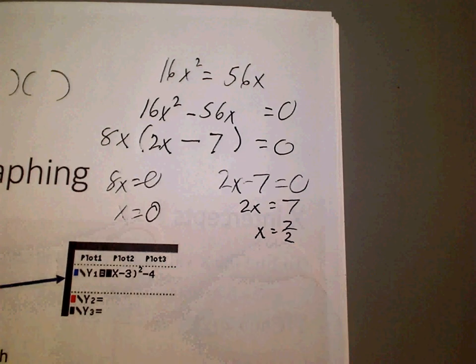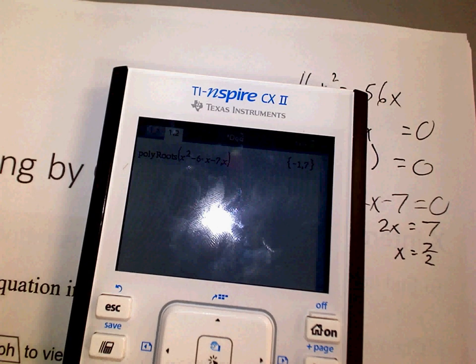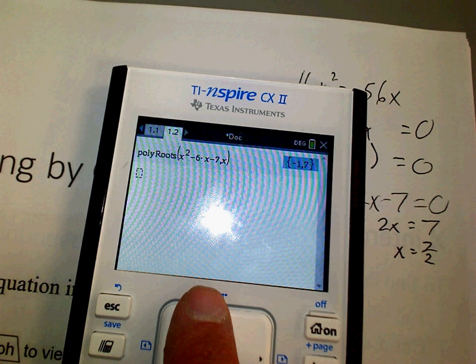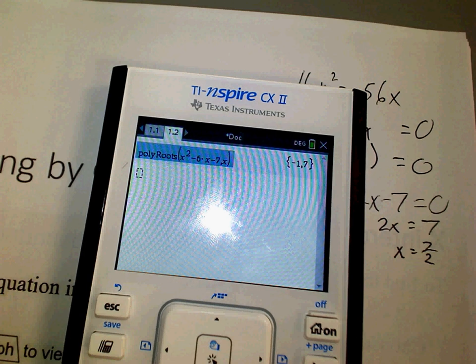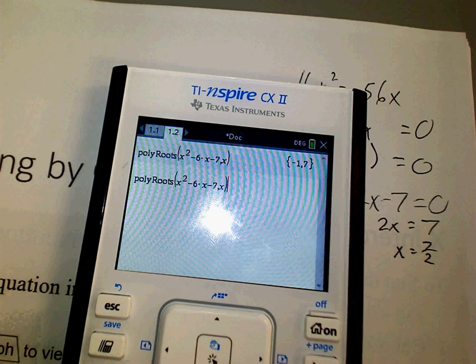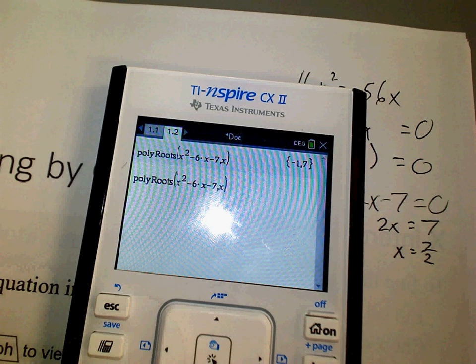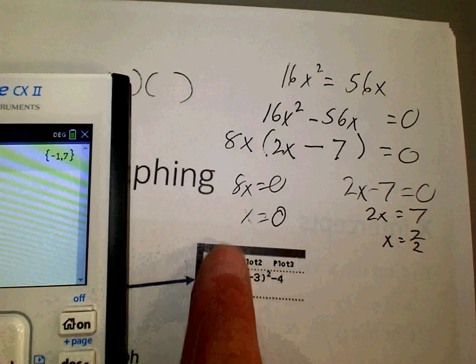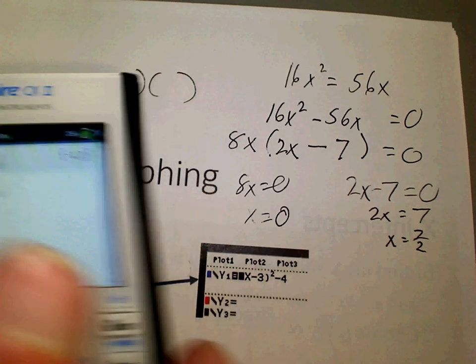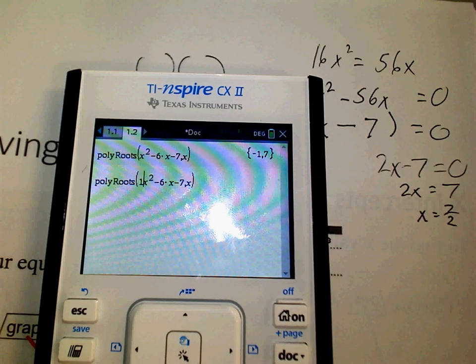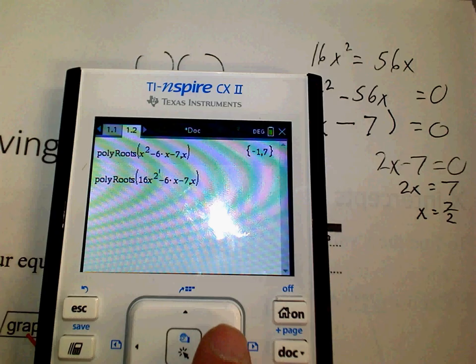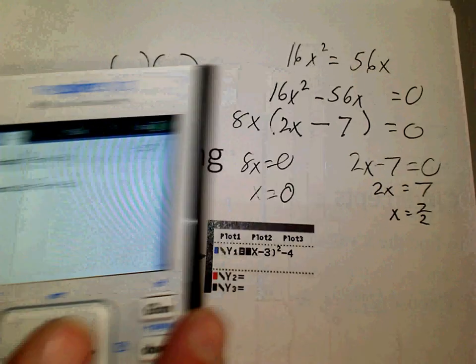Now, let's go to our calculator approach. I'm just going to come up here and hit enter, so I don't have to re-enter that. I'm going to change the coefficient of the x squared. It is now 16. And I'm going to change the negative 6x to what? Negative 56x.